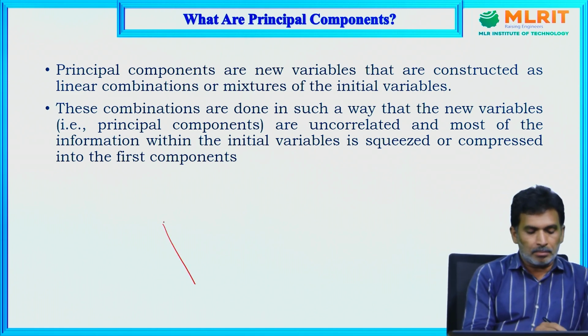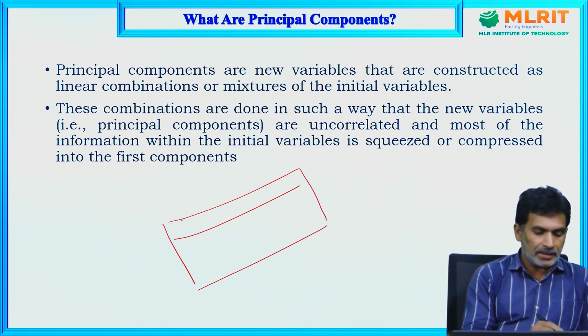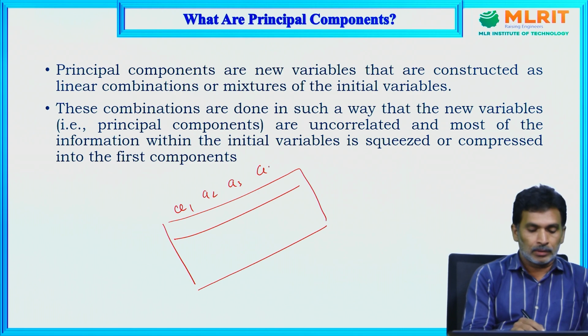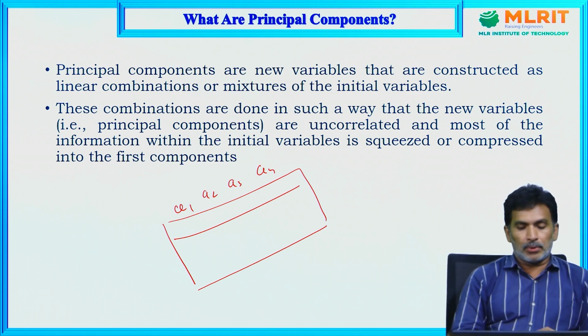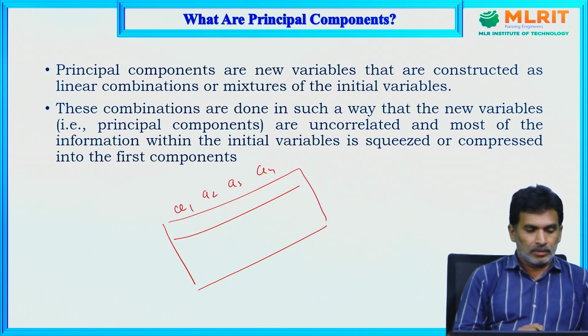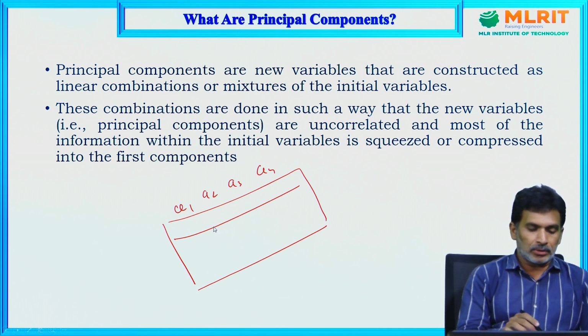For example, let us say one data set has attributes A1, A2, A3, A4, etc. The principal components are new variables constructed as linear combinations or mixtures of these initial variables.